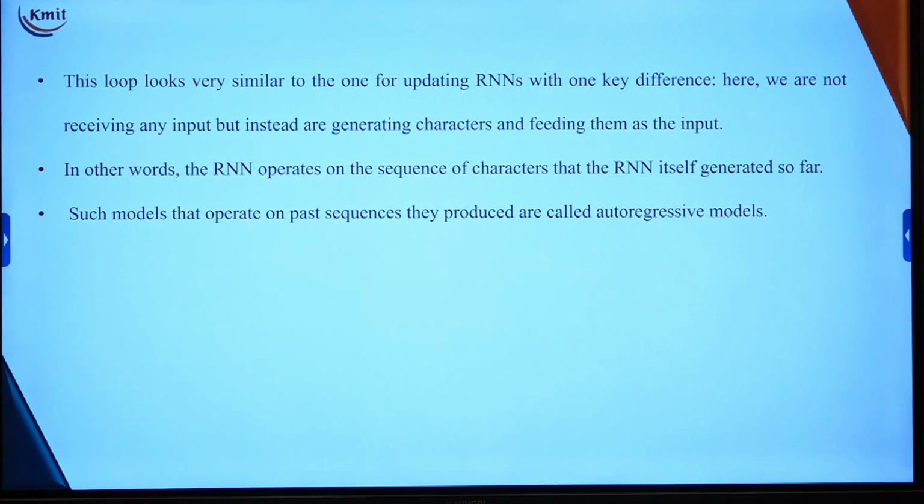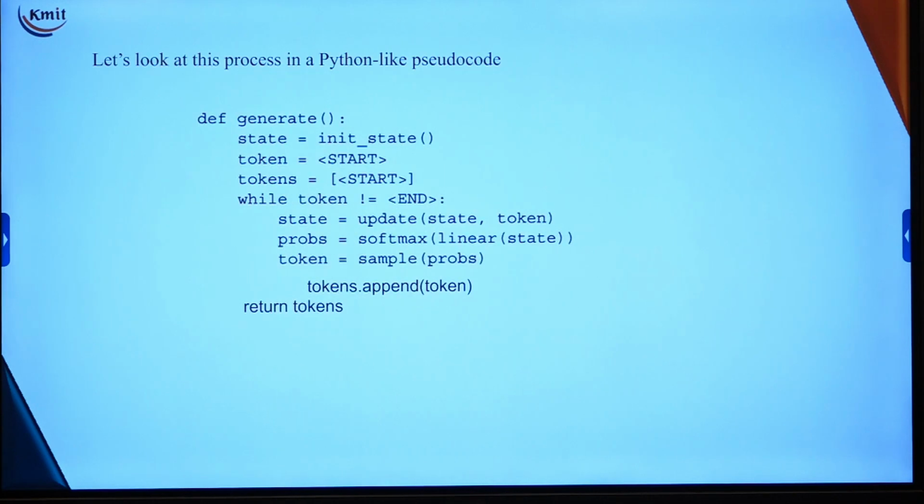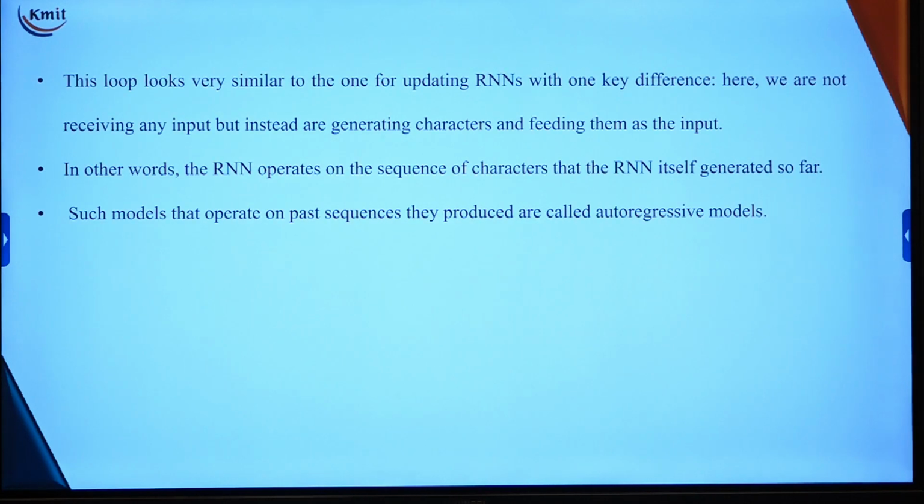This loop looks very similar to the one which we used for updating the RNN, but with one difference. What is the difference? We are not receiving any input here. I am using a function which is generating the characters. So, we are not using any input here, but the characters are generated and fed back as input.